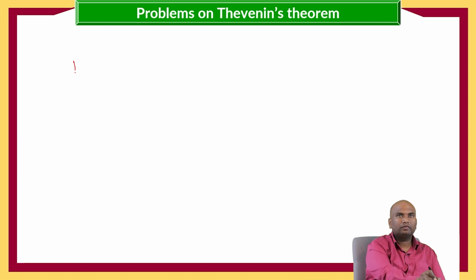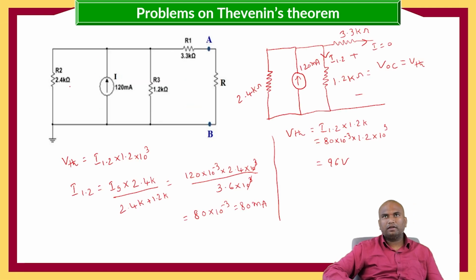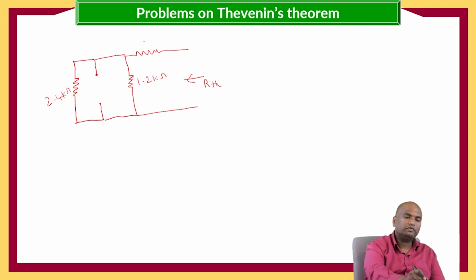So, here are the RTH terminals, that is 1.2 kilo ohms, 2.4 kilo ohms, and another resistance is 3.3 kilo ohms.